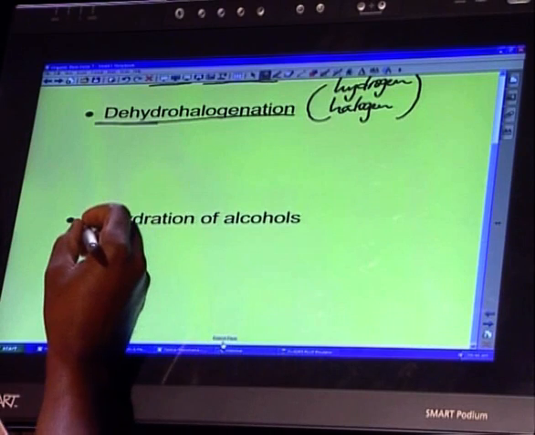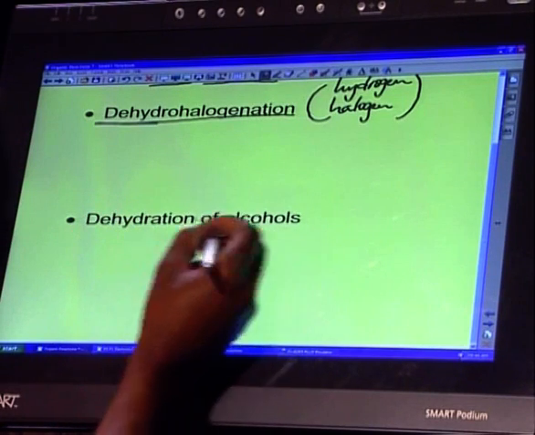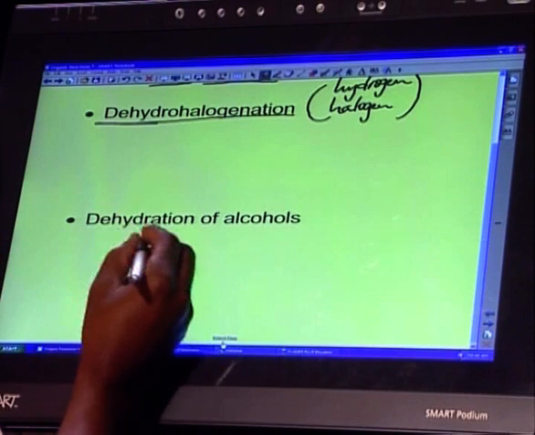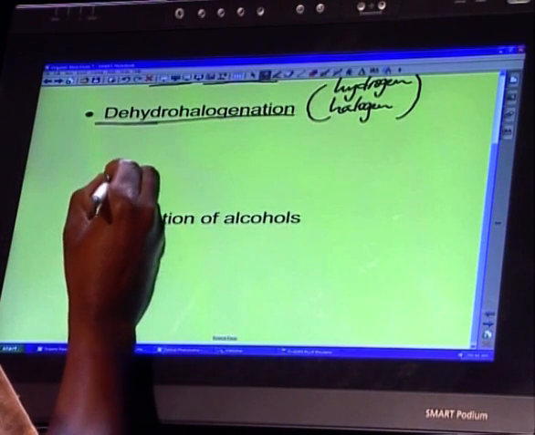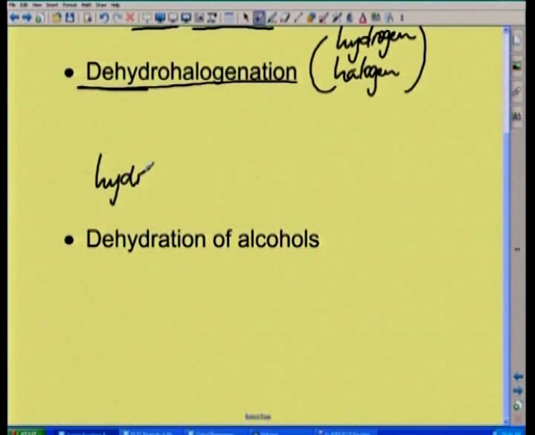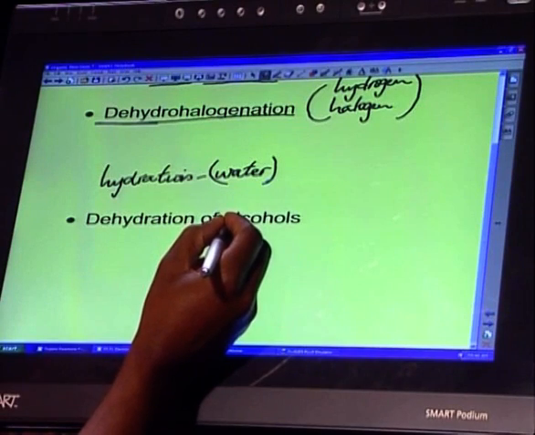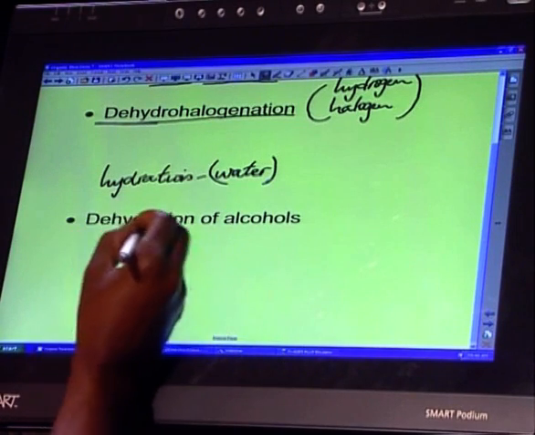Lastly, dehydration of alcohols. Now, remember hydrolysis, or the word hydration, has something to do with water, addition of water or putting of water into some substances. That's hydration. Now, if you are dehydrating something, it means you are getting rid of water.